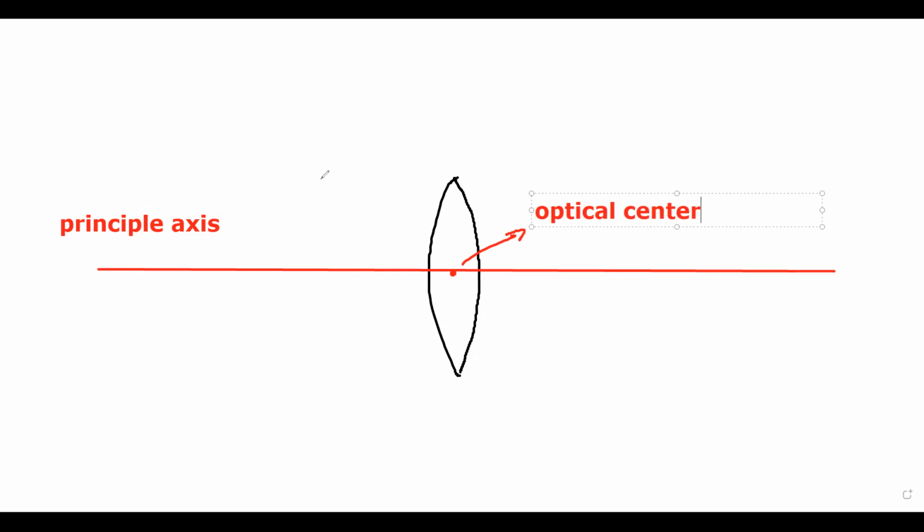And the point where all the light rays converge is known as the focus. The distance between the optical center and the focus is known as the focal length. The focus is denoted by F. There is another point which we call 2F, and this is always done with measurement.